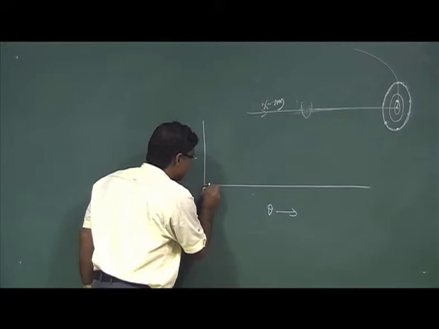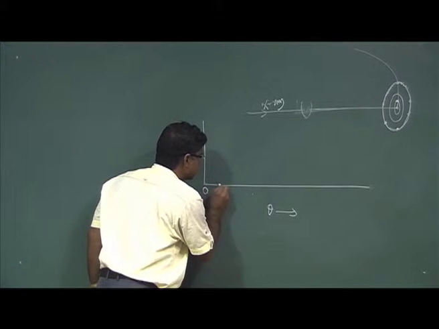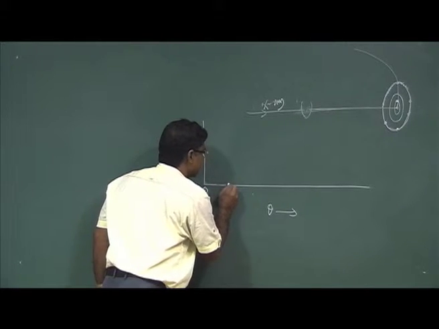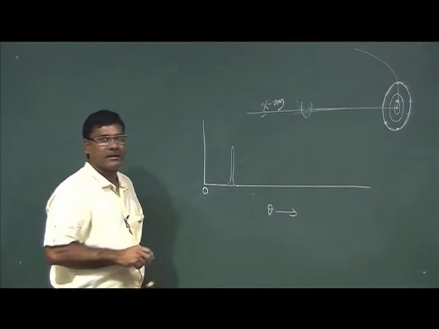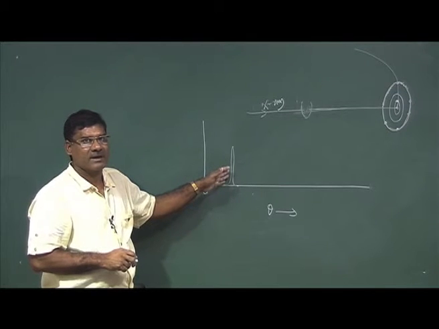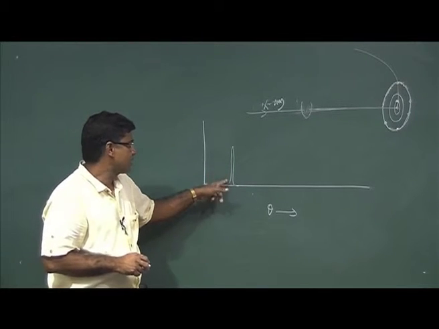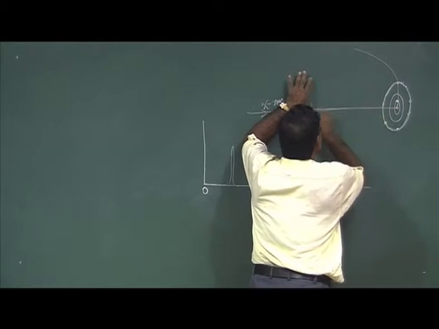This is called a peak, Bragg peak generally we say. At which angle will we see it? This is the cone I told, this is the incident and these are diffracted.